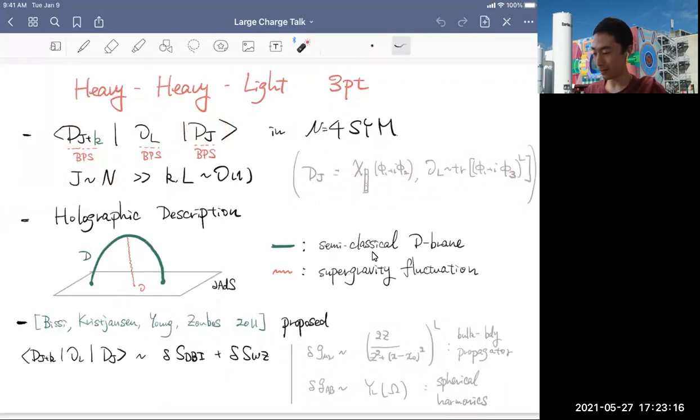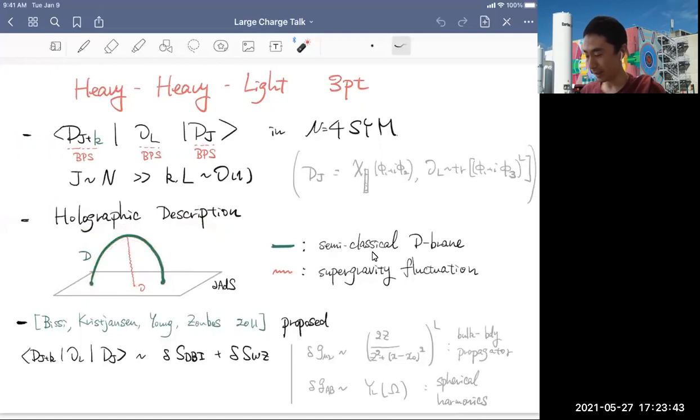The holographic description of this correlation function is given by this semi-classical D-brane and quantum fluctuation emitted by this single trace operator. So basically, in order to compute this 3-point function, you just need to know how the DBI action of the D-brane gets perturbed because of this supergravity mode emitted by this single trace operator.